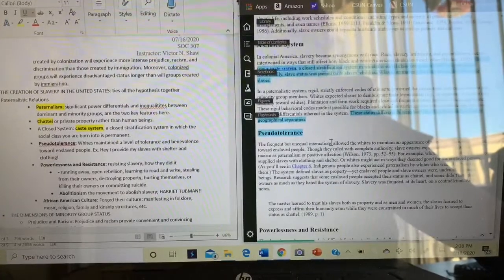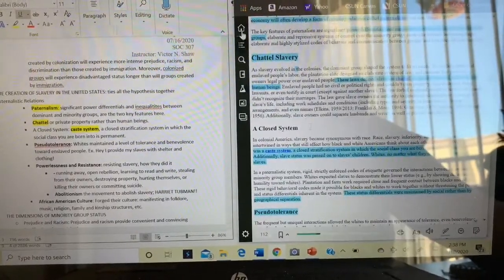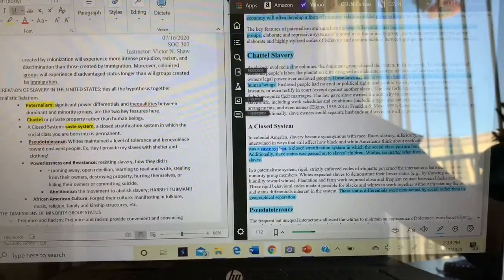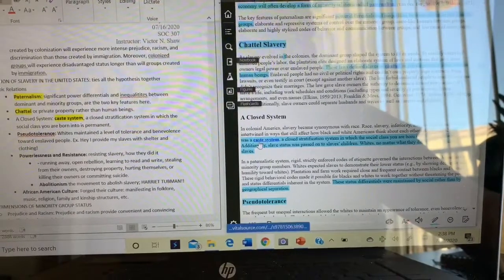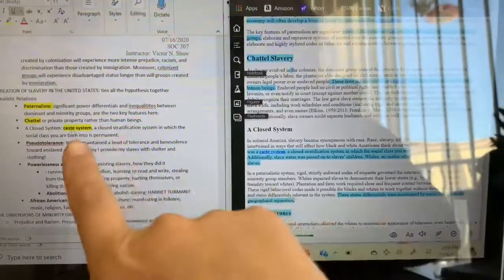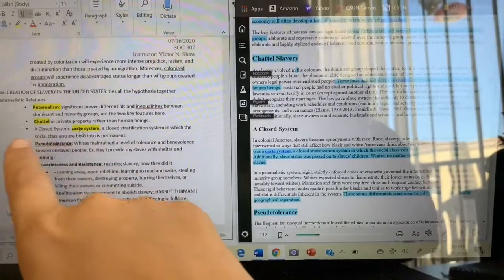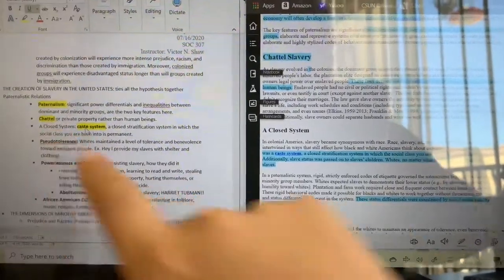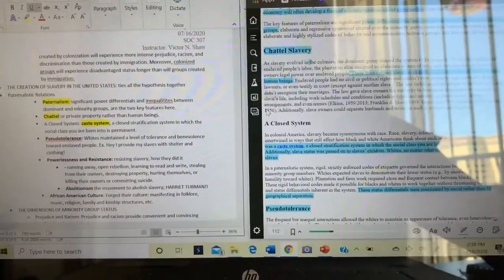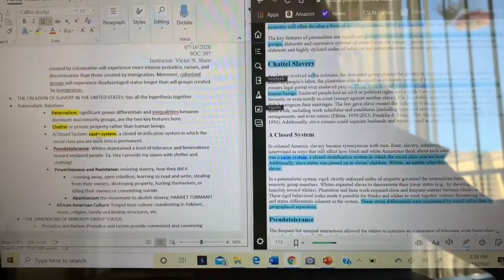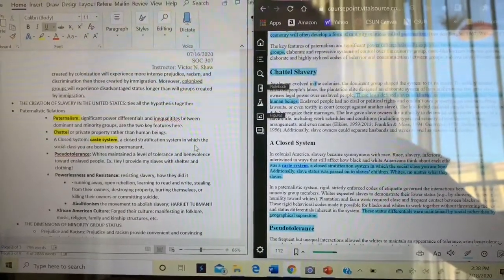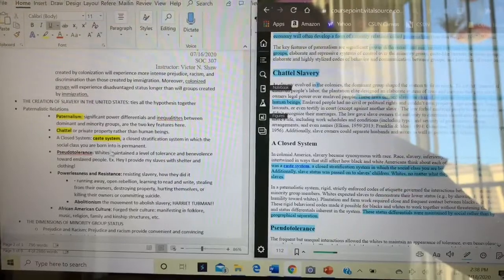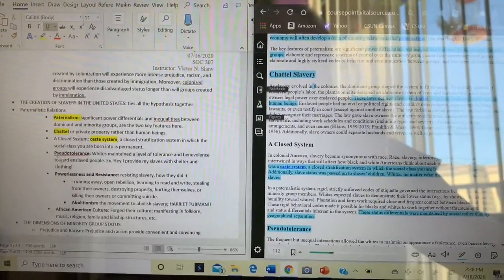And then slavery was also a closed system, or a caste system. So here I highlighted paternalism, chattel slavery, and caste system. These are all important terms. And caste system is a closed stratification system in which the social class you were born into is permanent.